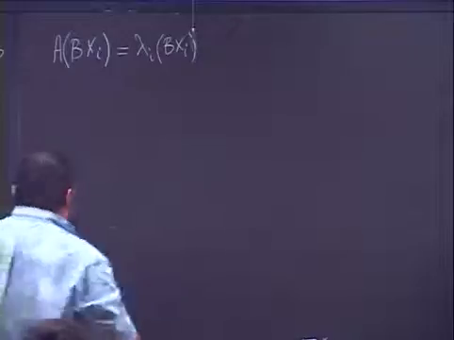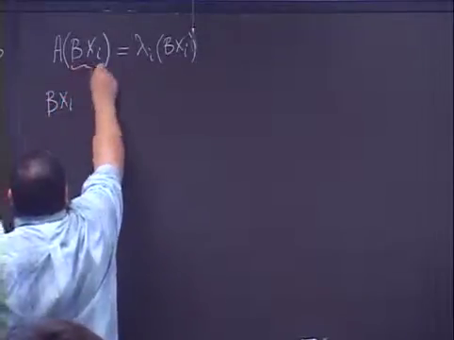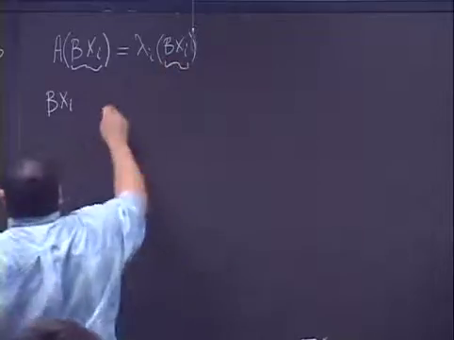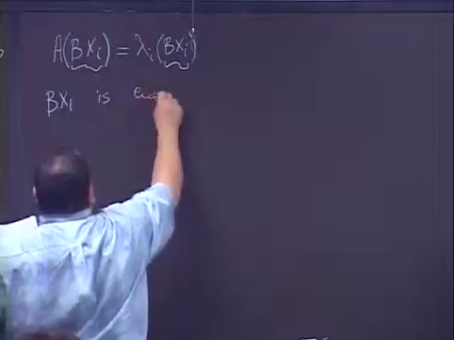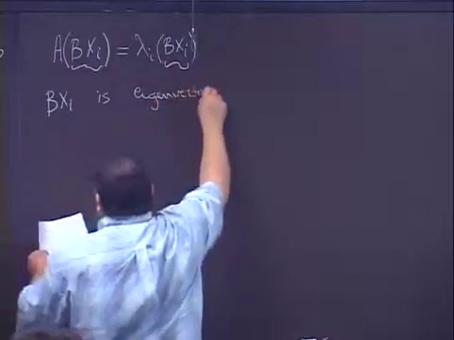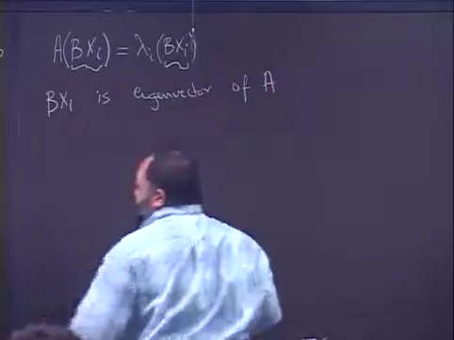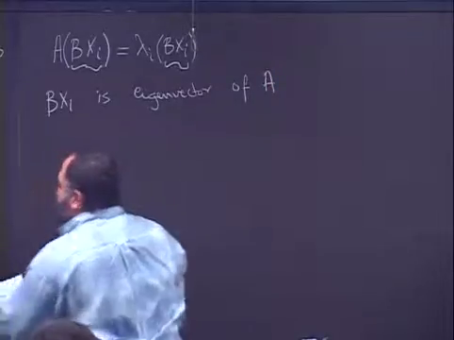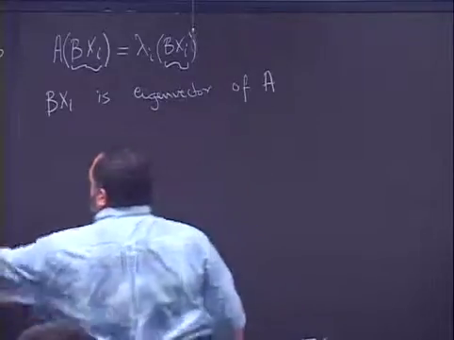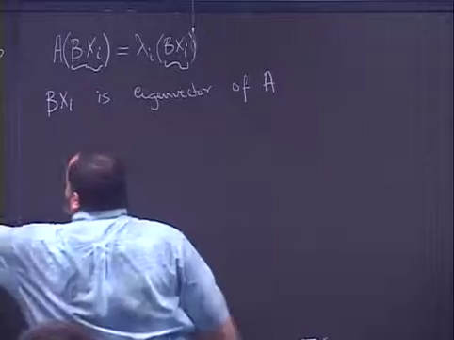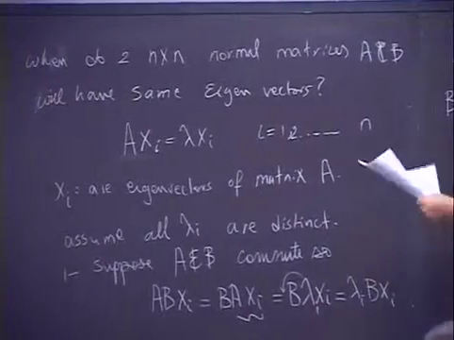It's B Xi. So B Xi is an eigenvector of A. We assumed two matrices A and B that commute, and we knew that A has the eigenvalue equation A Xi equal to lambda i Xi.